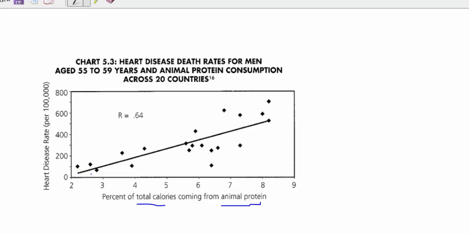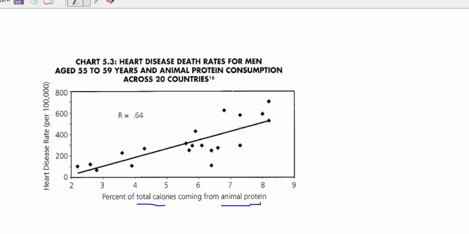When the amount of calories coming from animal protein is very low, the heart disease death rates are down, and then it increases as the animal protein intake increases.